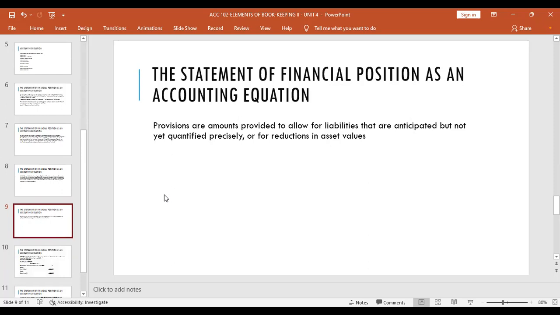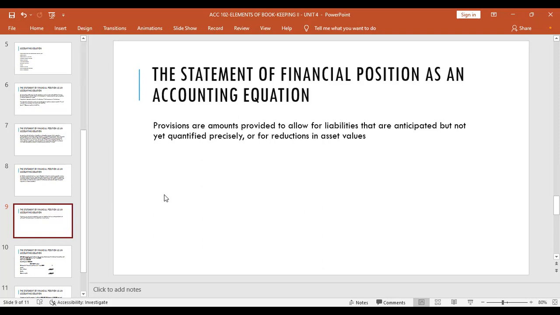Okay, so provisions are amounts provided to allow for liabilities that are anticipated but not yet quantified precisely, or for reductions in asset value. Like I was talking about in the previous video when we were talking about the prudence concept. This is where you need prudence, in this area of provision. I was giving an example of a court case.